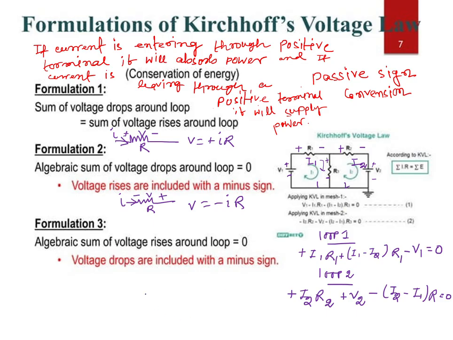The second point is that in loop 1 and loop 2 I have taken both current directions the same, clockwise, but it is not mandatory. You can take loop 1 clockwise and loop 2 anti-clockwise. Accordingly your equation's plus and minus signs will change, but you will get the same equation.